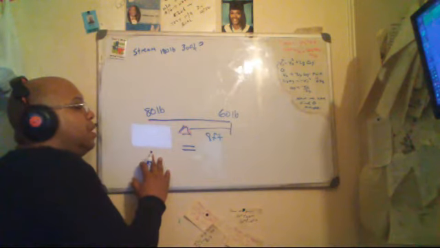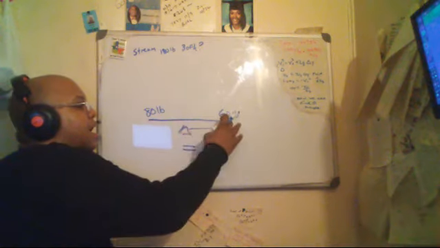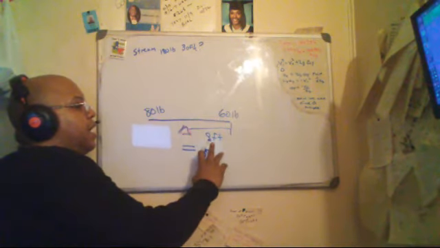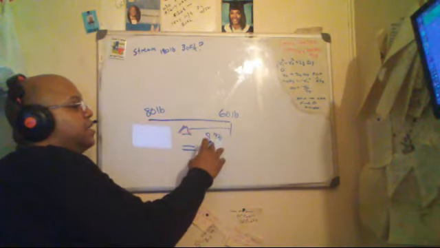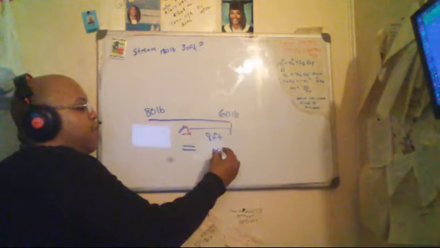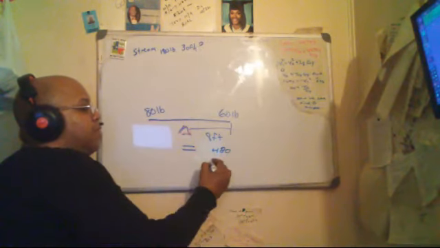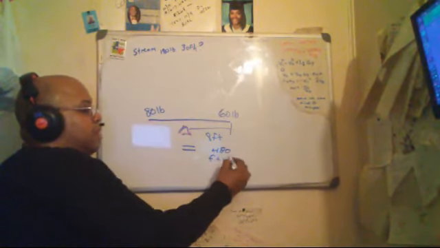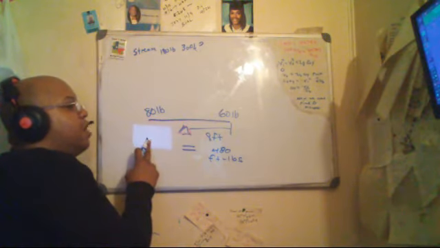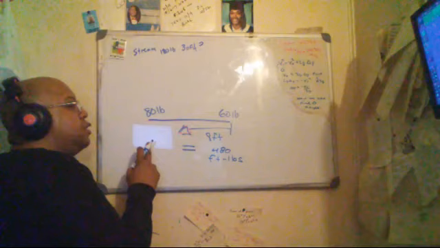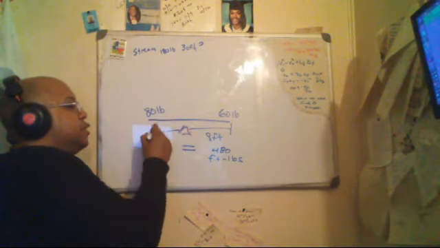Now, what is load moment? Load moment is a combination of a weight and distance. We multiply the weight times the distance, and we're going to have 480 foot-pounds. That is the load moment. So on this side, we're going to have 480 foot-pounds for this to balance. And I already see that it is 6.